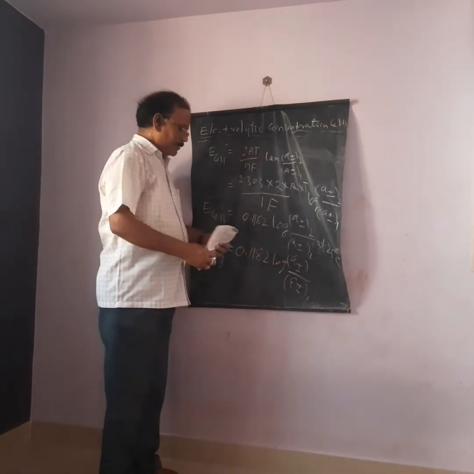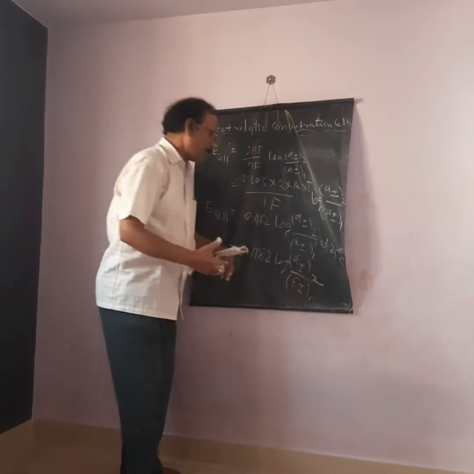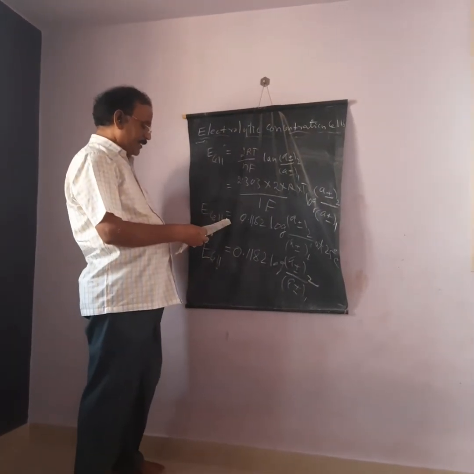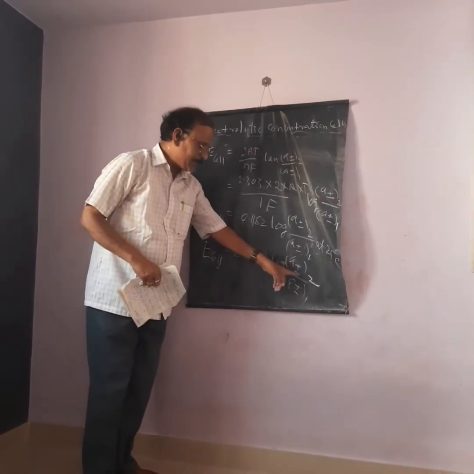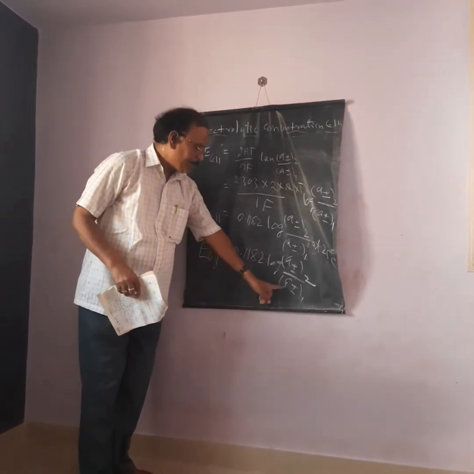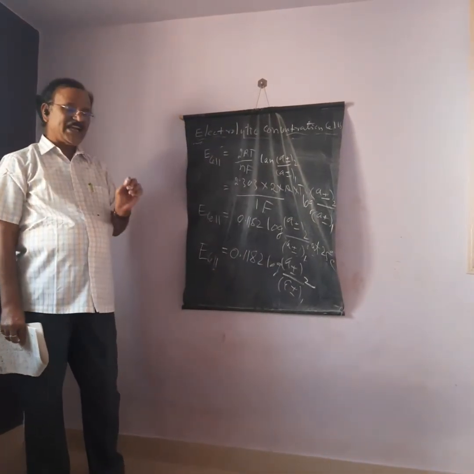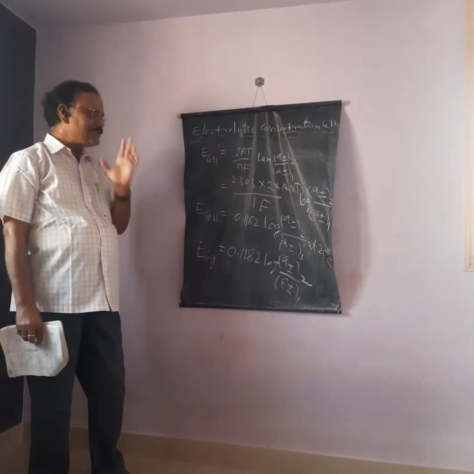Then A plus or minus 1 and A plus or minus 2 are called the mean ionic activity of the HCl solution in the two solutions. A plus or minus 2 and A plus or minus 1 are called the mean ionic activity of the HCl solution.